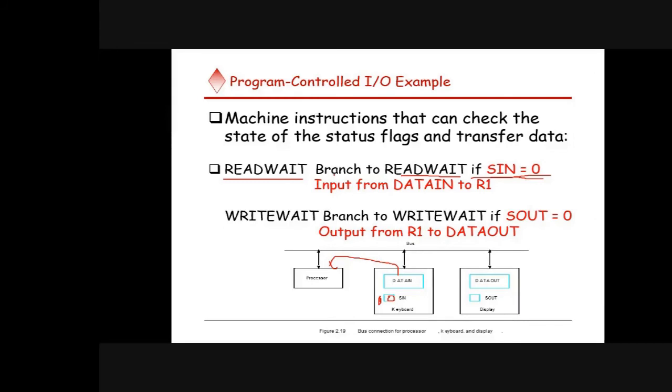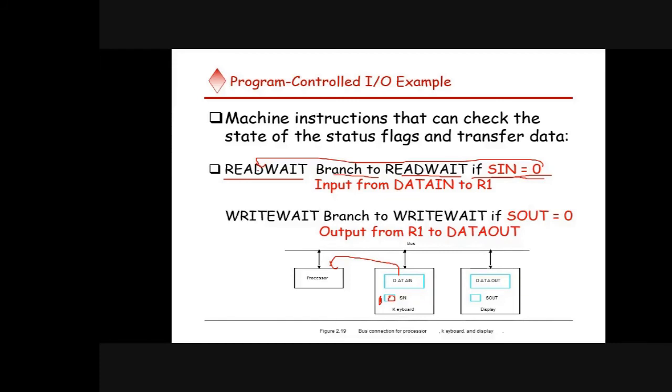So it branches to read wait if SIN equals 0, and the processor again checks the value of SIN. If it is still 0, it comes to the same statement again. Repeatedly, as long as SIN is 0, the same set of instructions keeps executing.